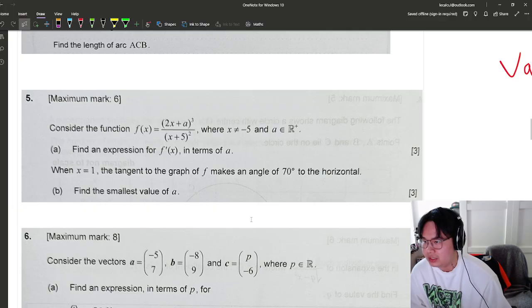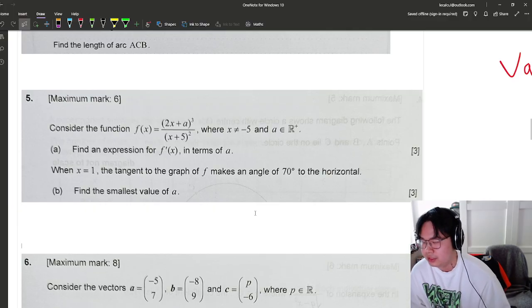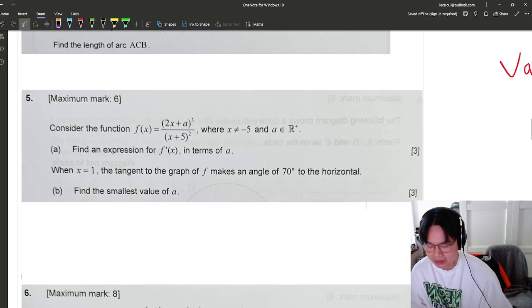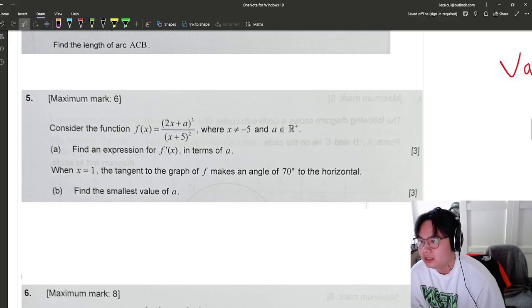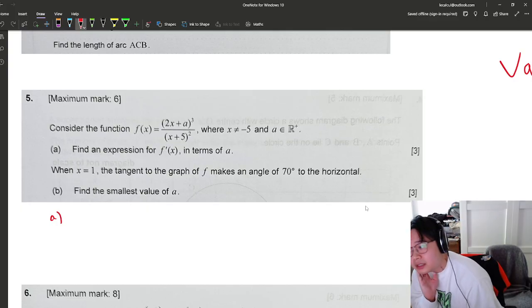Consider this function. Find an expression for f prime in terms of a. Okay, we gotta use quotient rule, I guess. Ugh, I never remember quotient rule.